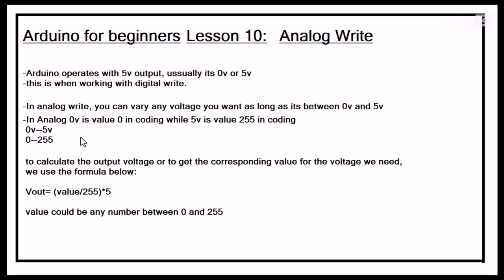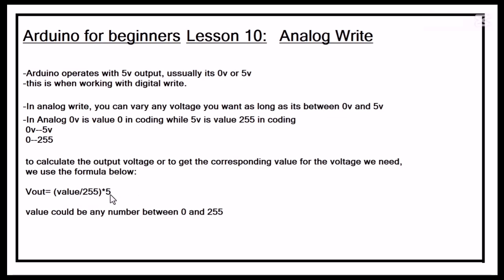So when you're doing an analogWrite, you can go from 0 volts up to 5 volts. 0 volts is value 0 and 5 volts is represented by the value 255. So to calculate the output voltage, we use the formula Vout equals the value, that is the value between 0 to 255, divided by the maximum, which is 255, multiplied by 5 volts as the maximum output.